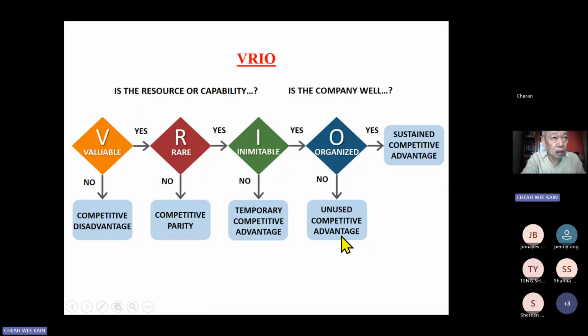That's why with Tesla, because of the battery technology, not so resourceful, BYD will have a sustained advantage and Tesla will have an unused competitive advantage. That's why BYD overtook Tesla. Okay? You understand? That's what it means.